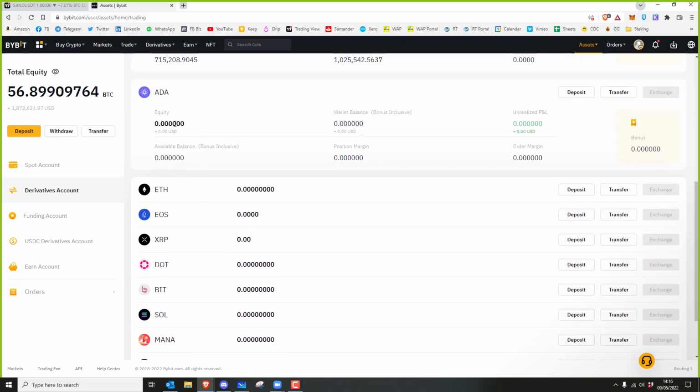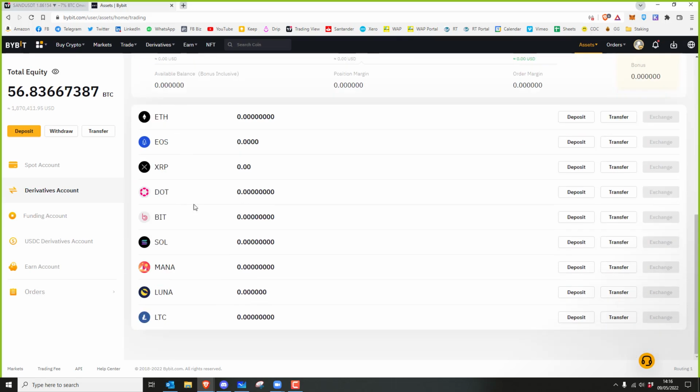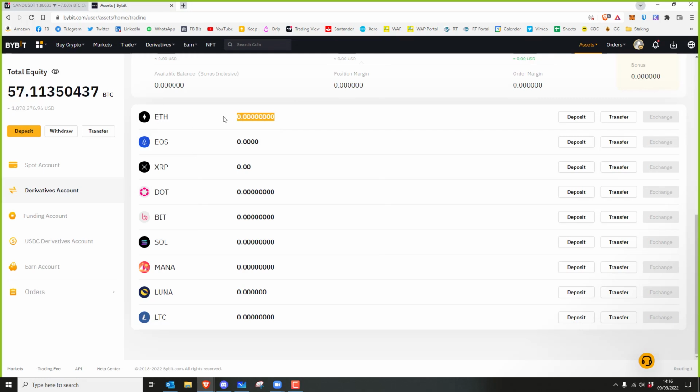So what it means is that you can deposit any of these main cryptos here, so Bitcoin, ADA, and any of these. And let's take ETH for example. I can deposit a whole bunch of ETH into this Inverse Perpetual wallet, and that Ether will be used as collateral for trades. Now you can only place trades on Ether, not anything else.